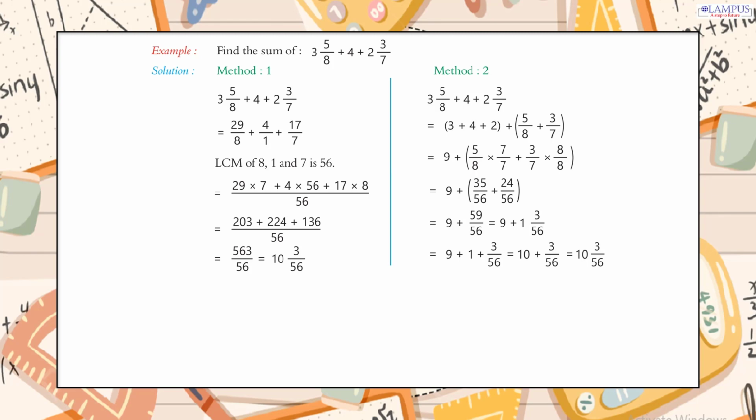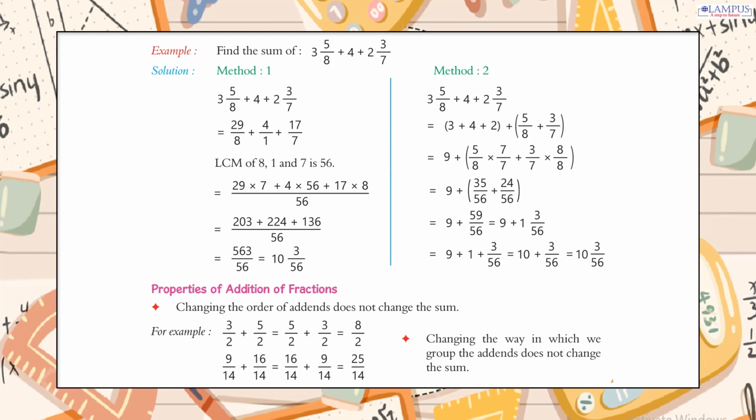Add whole numbers in one bracket and fraction numbers in another bracket, equals 3 plus 4 plus 2, plus 5 by 8 plus 3 by 7, equals 9 plus 5 by 8 multiply by 7 plus 3 by 7 multiply by 8, equals 9 plus 35 by 56 plus 24 by 56, equals 9 plus 59 by 56, equals 9 plus 1 and 3 by 56, equals 9 plus 1 plus 3 by 56, equals 10 plus 3 by 56, equals 10 and 3 by 56.